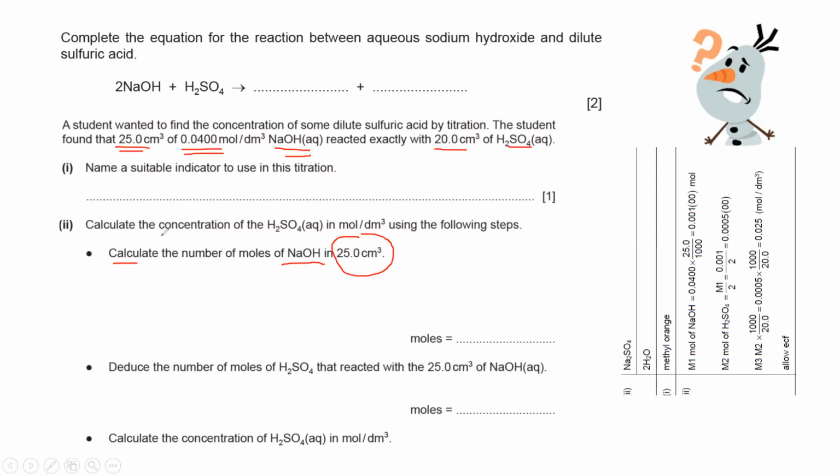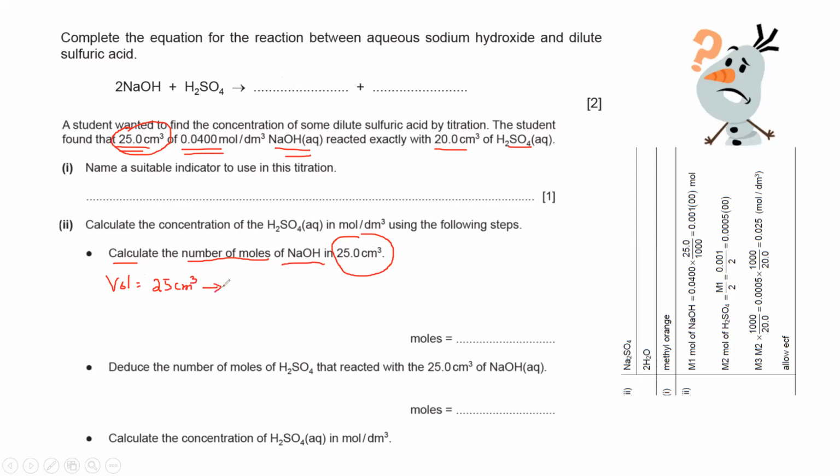So in the first part, we have to calculate the number of moles of sodium hydroxide. How do we get it? We have the volume of sodium hydroxide, which is 25 cm cube.